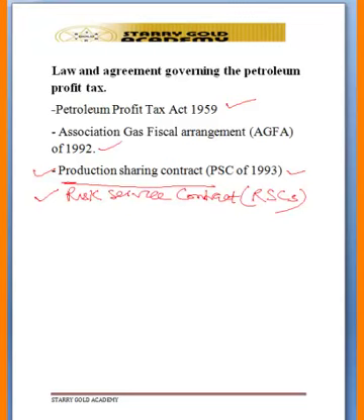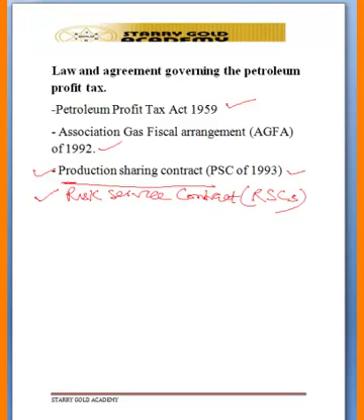For this service contract, we are looking at a situation that is called an operation or work contract, right? This contract usually has a duration that does not exceed 5 years, okay? And it relates to a single block in the oil field.